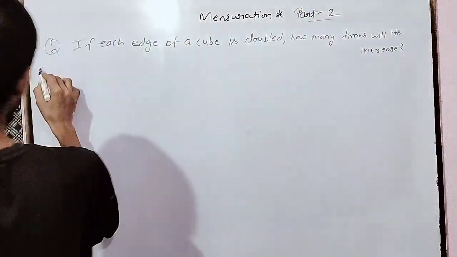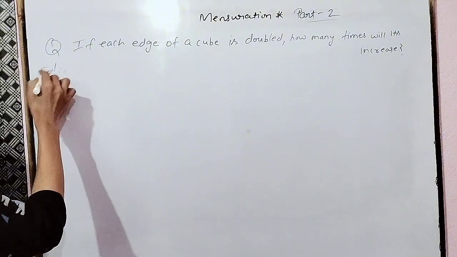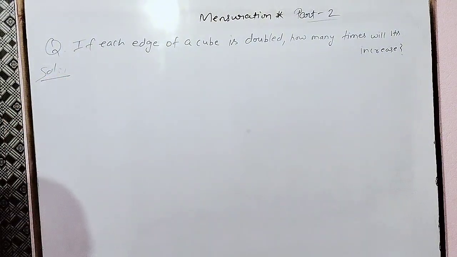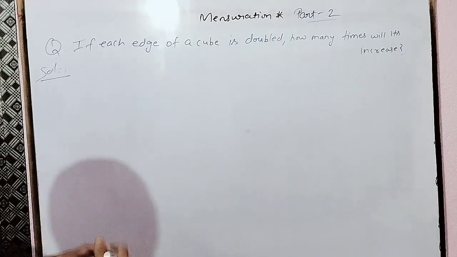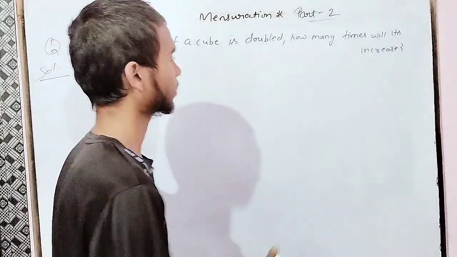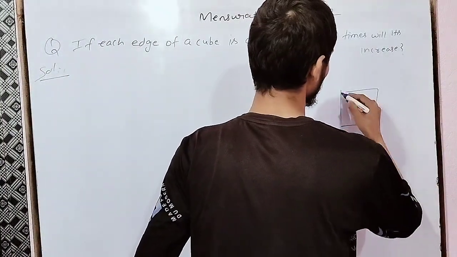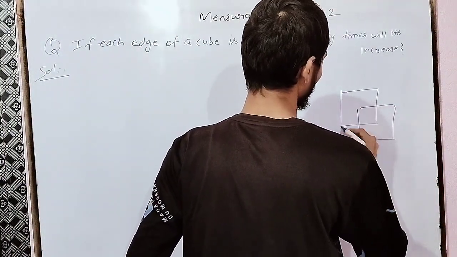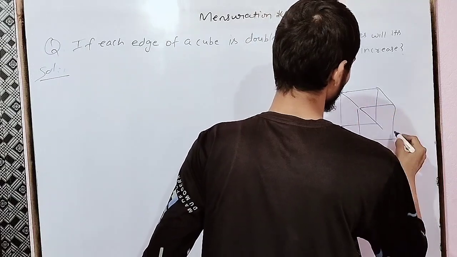What is the equation saying? First of all, we need to understand it. If each edge of a cube is doubled, then how many times will it increase? Will it double? This is a cube of square faces.